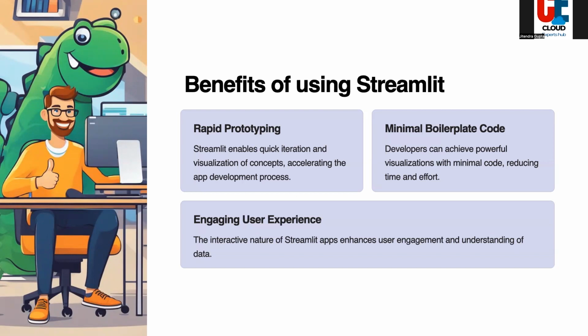That's where it says minimal boilerplate code. A developer can achieve powerful visualization with just one piece of code, just one file where you write your logic and get started. This really reduces a lot of the time and effort it takes for anyone to work with similar requirements.